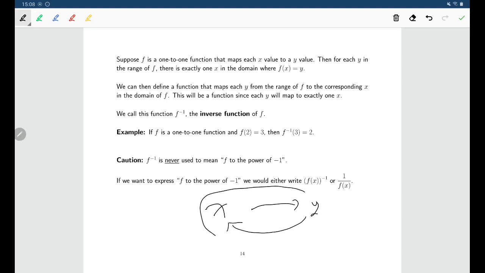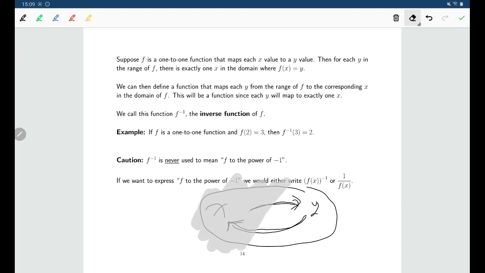And this little diagram here is the idea that if you have a one-to-one function, you can reverse things. Instead of taking an x value and getting a y value as an output, you could do the reverse. Take a y value and get the x value as the output. Or in other words, we can look at the inverse of our function. What does the opposite or the reverse of what our function did?